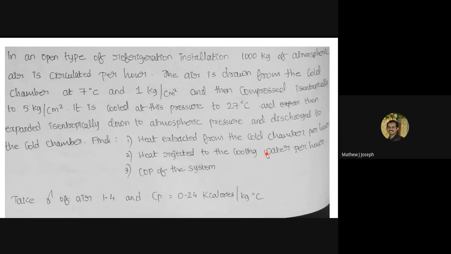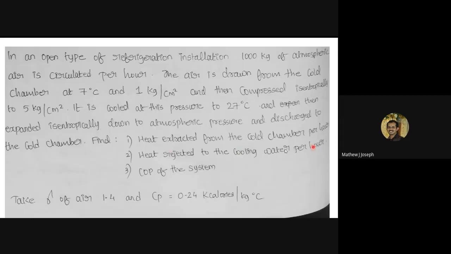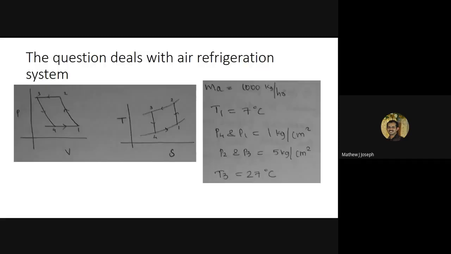The atmospheric air after absorbing heat will be rejecting the heat to a cooling water circuit during the 2 to 3 process. So they are talking about the cooling water circuit maintained between 2 to 3. Here they are asking us to find out the heat rejected to the cooling water per hour. So now let us try to solve that also.